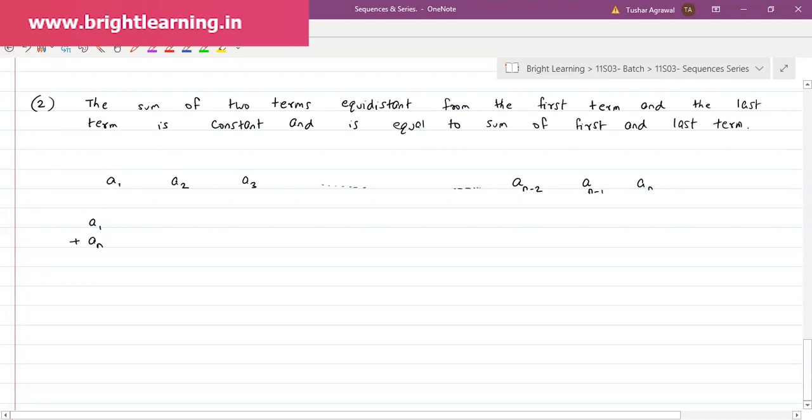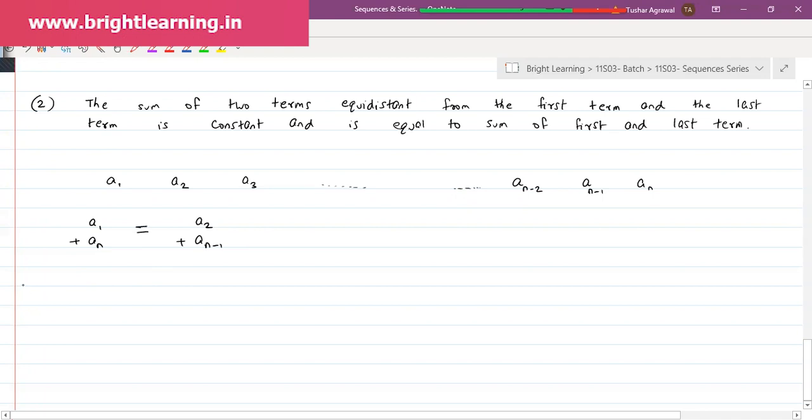Next, A2 has moved d units ahead of A1, while An minus 1 is d units less than An. So instead of An, if I write An minus 1, this addition will be equal.